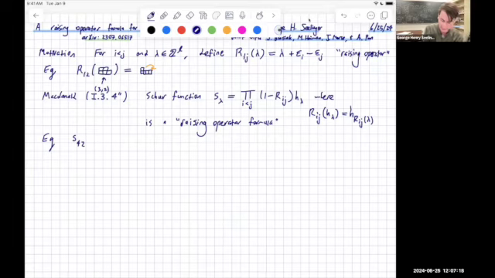For instance, if I wanted to do this with S42, this would be 1 minus R12 applied to H42. That tells me the H expansion is H42 minus H51. I already found a mistake in the notes that I posted on Dropbox.